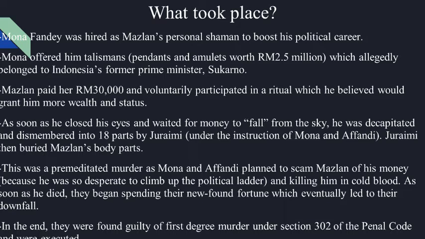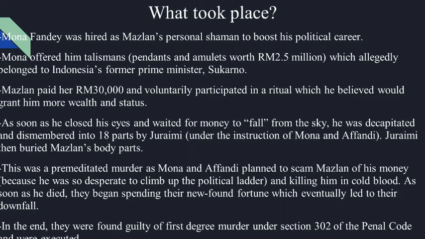As soon as he closed his eyes and waited for money to fall from the sky, he was decapitated and dismembered into 18 parts by Jerame under instructions of Mono and Afide. Jerame then buried Moslin's body parts.